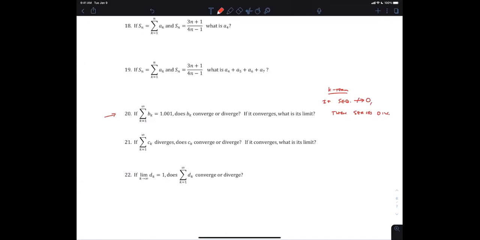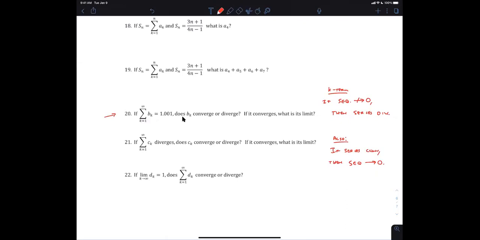So now think about the equivalent of that. If the series converges, then the sequence must go to 0, because if it didn't, then the series would have diverged. Does that logic make sense?